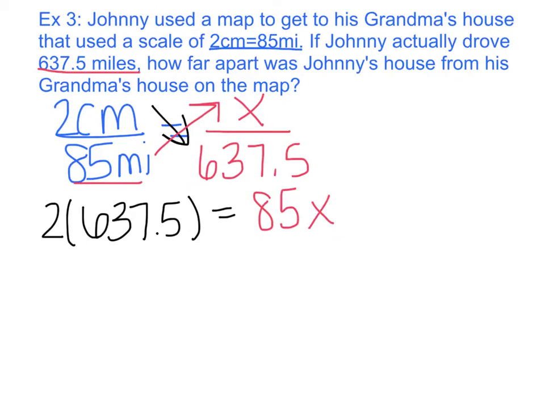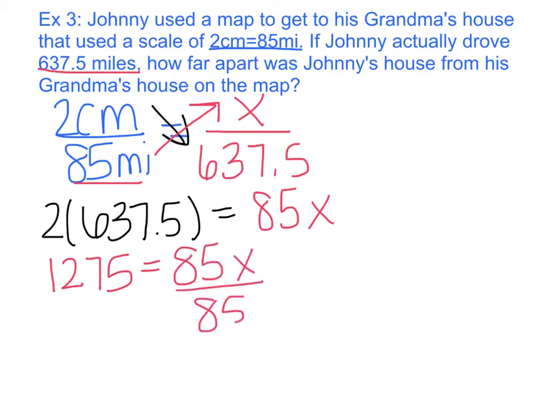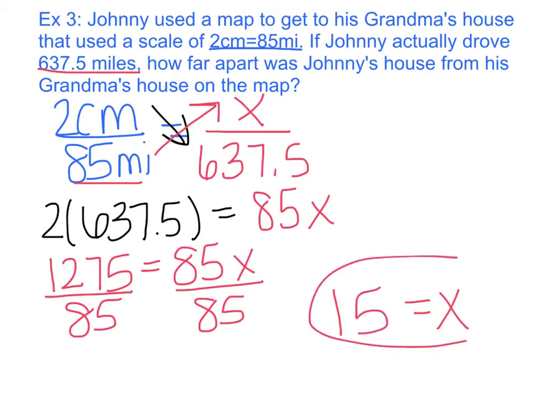So 2 times 637.5 is 1275 equals 85x. I'm going to divide both sides by 85. And on the map, Johnny's house is actually 15 miles from his grandma's house on the map.